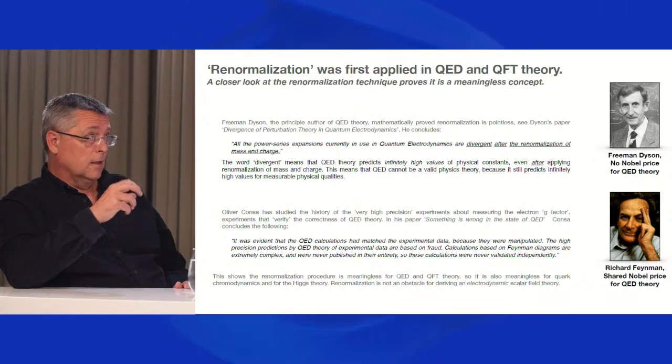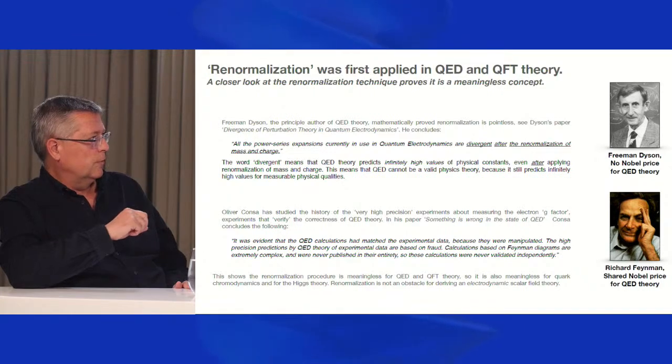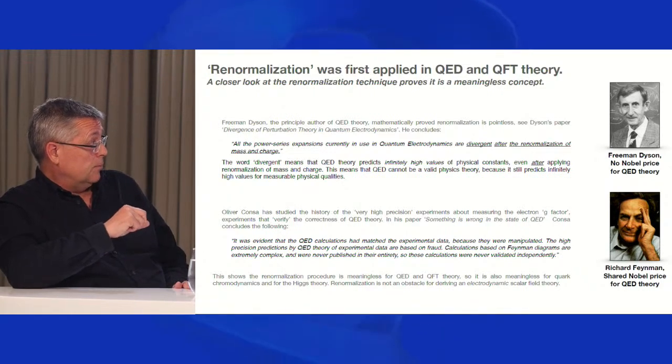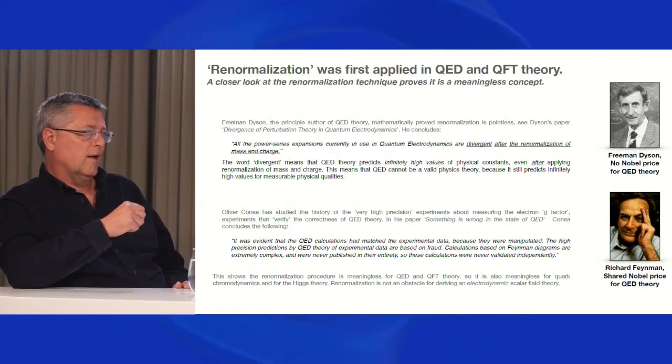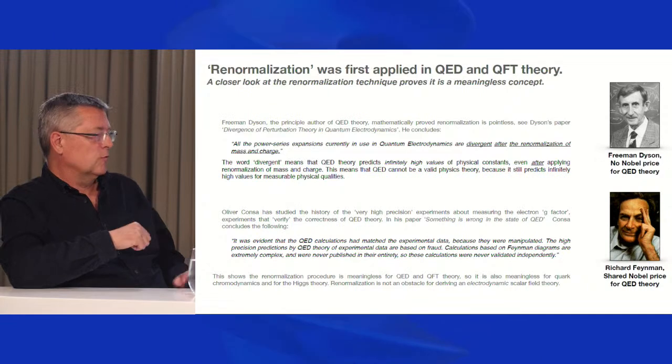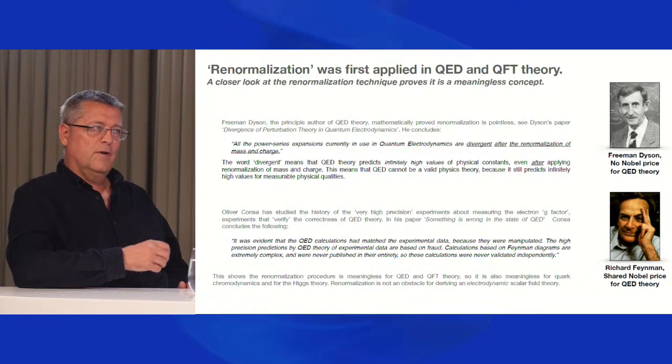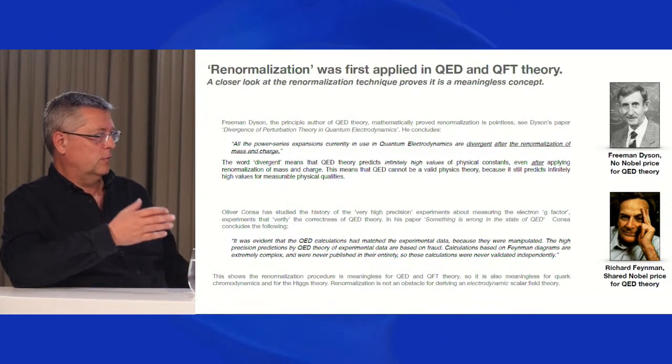And that you can clearly see in the history of these values. The high precision predictions by QED theory of experimental data are based on fraud, actually. So this was Oliver Consa's conclusion. So that's not very good, actually. So now you have two reasons to really doubt this whole renormalization technique. So then we can actually drop that principle. And so it's actually a meaningless procedure. Okay, next slide, please.